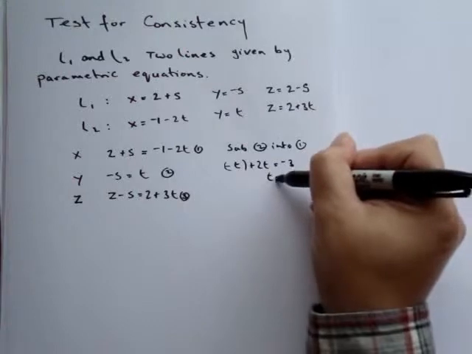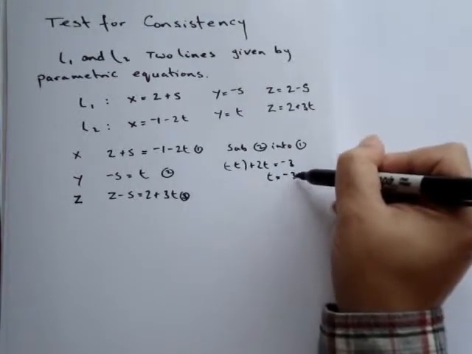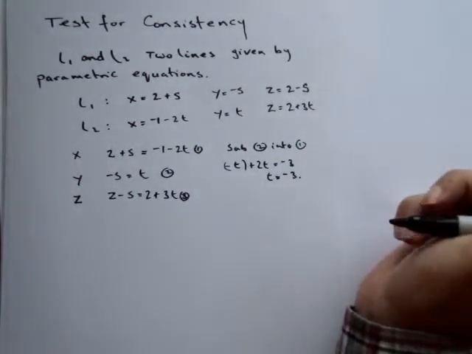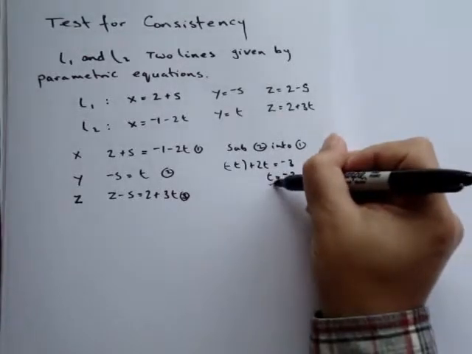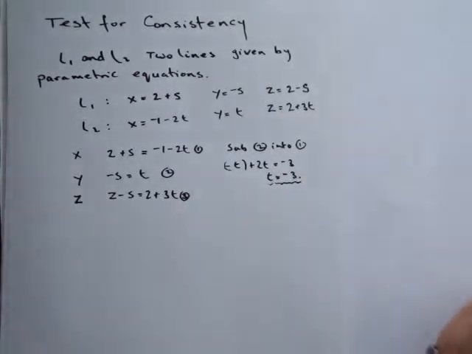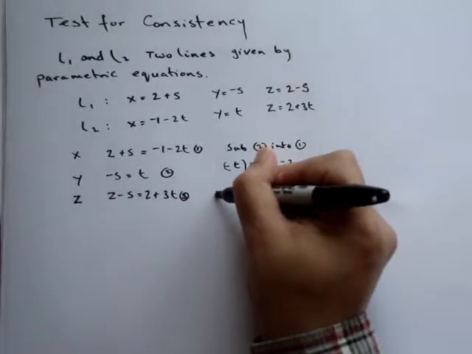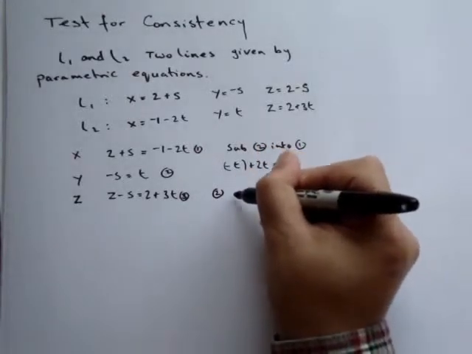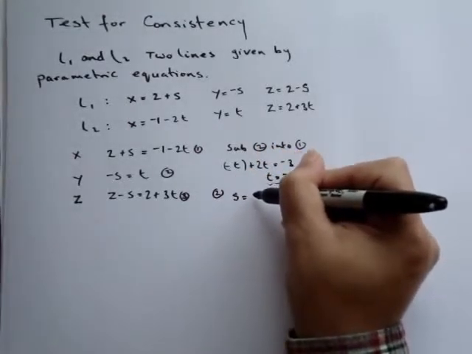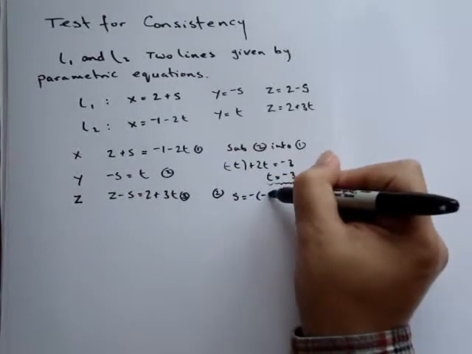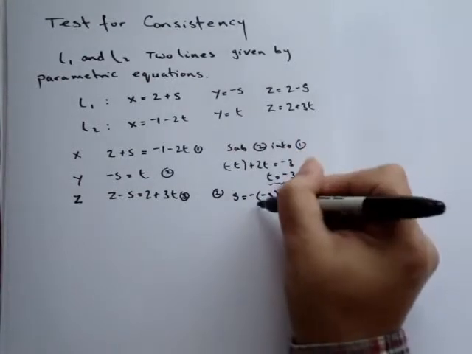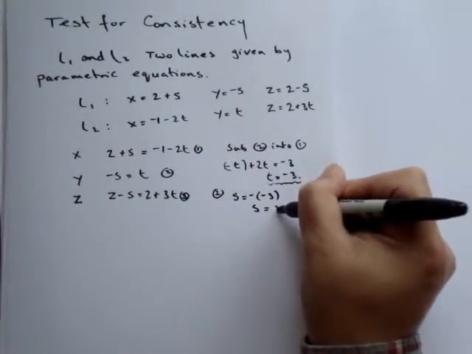Our t equals minus 3. So that's our t. Now if we sub that into 2, we get s equals minus 3. So our s equals 3.